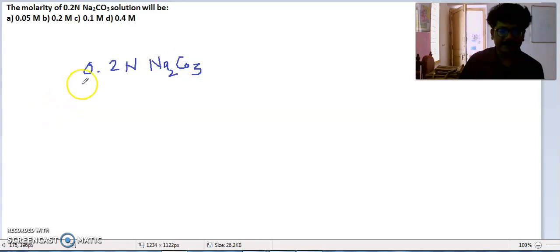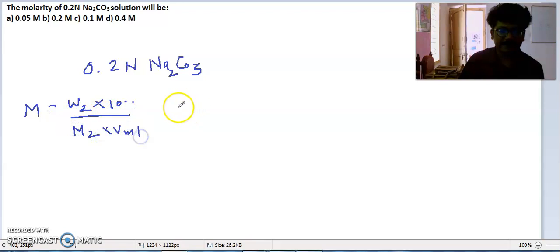So what is the difference between molarity and normality? If I write the formula, molarity is equal to W2 into 1000 upon M2 into V ml. What is the formula for normality? It is W2 into 1000 upon E2 into V ml, where E2 is the equivalent mass.